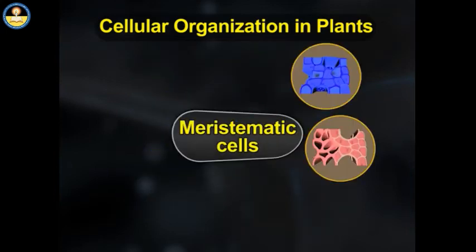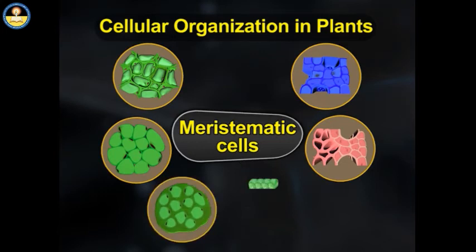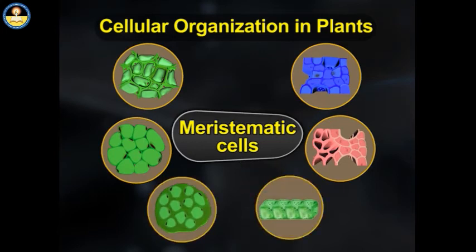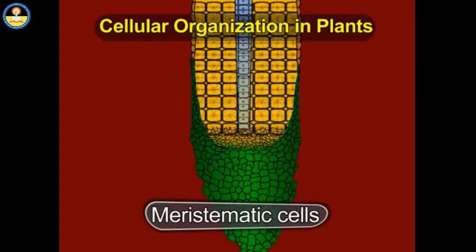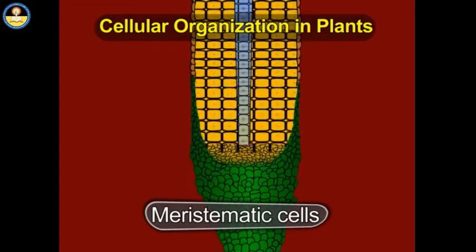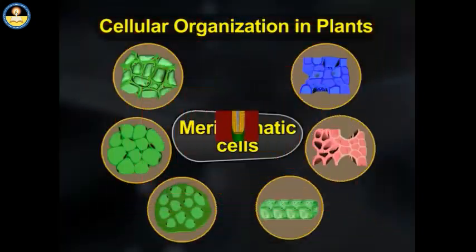All these types of cells develop from a group of cells known as meristematic cells that have the ability to divide. These are densely packed cells that keep on dividing to form new cells. Out of these dividing cells, parenchyma cells are the main kind of cells.